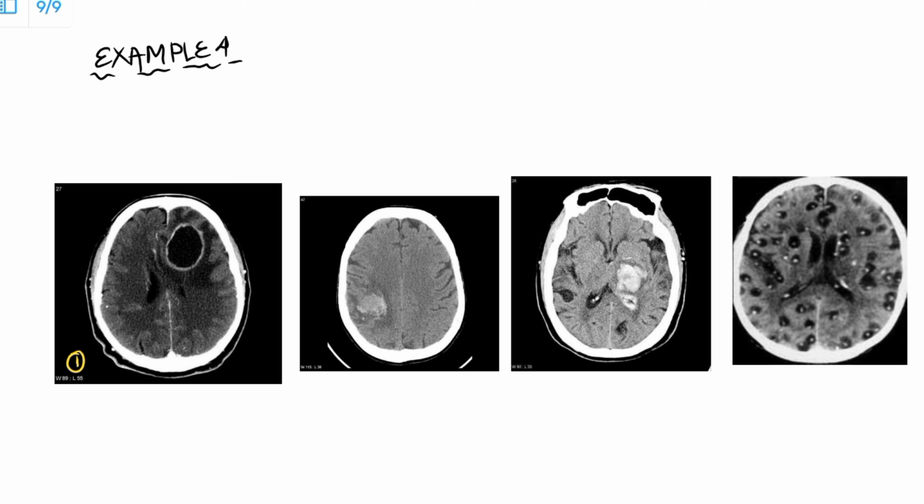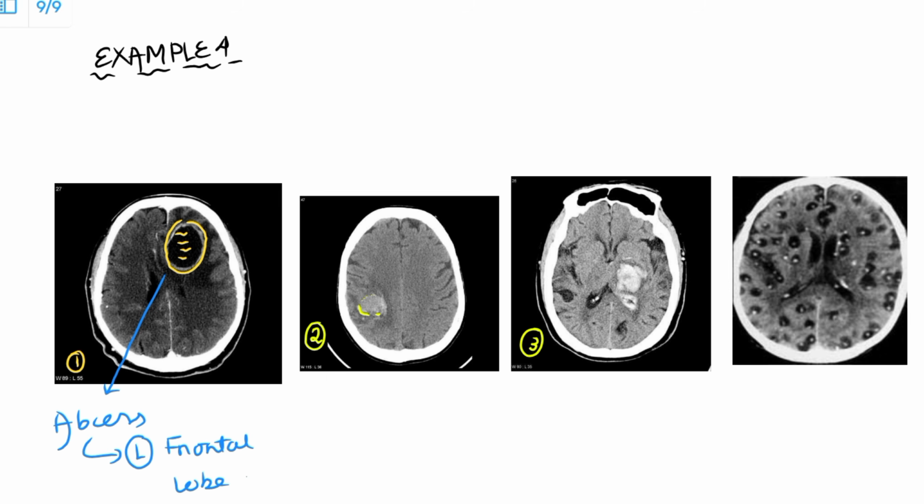Now we look at certain very special examples. In the first picture, you can notice a cavity with fluid inside. So this is an example of an abscess. Now by now we know that this is situated in the left frontal lobe. Now in the second and the third example, you can see hyperdensities in both the pictures, but in the second picture there is a surrounding hypodensity. This is known as perilesional edema, which is absent in the third picture.